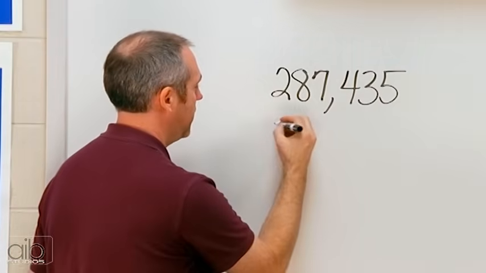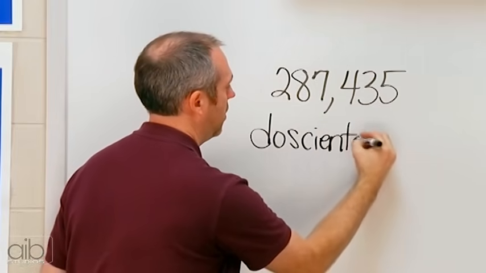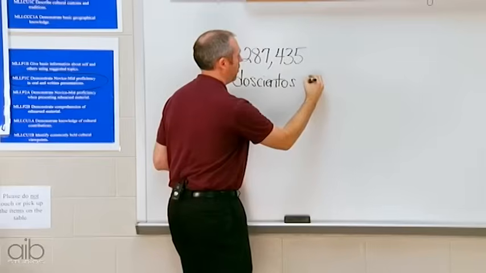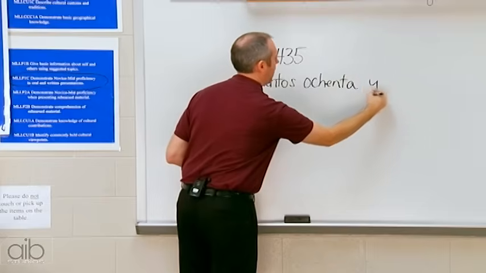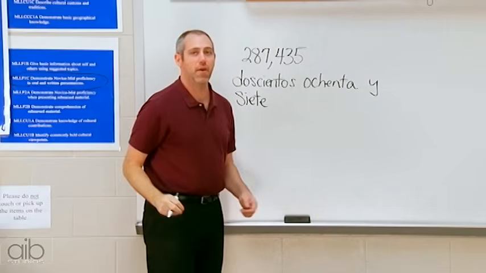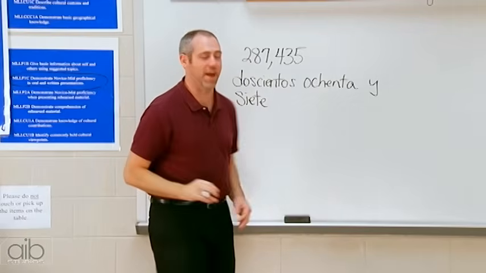So 200, let's just put this together. 200. Now 80 and 7 would be 80 y 7. Now, it's 287,000. So we need to put that word thousand in there, don't we?